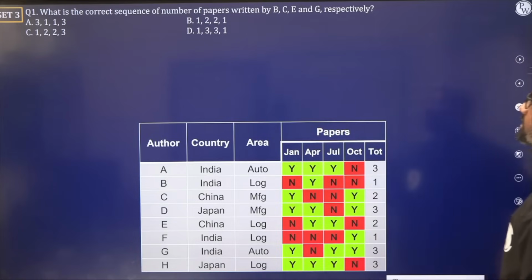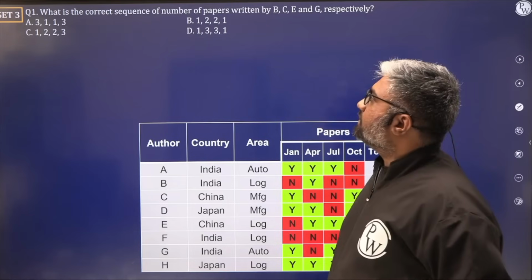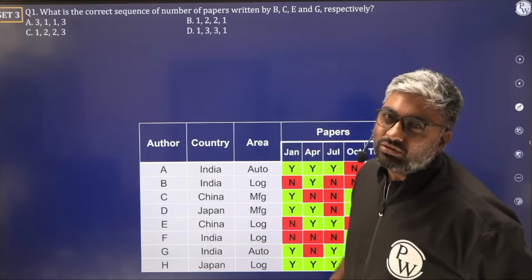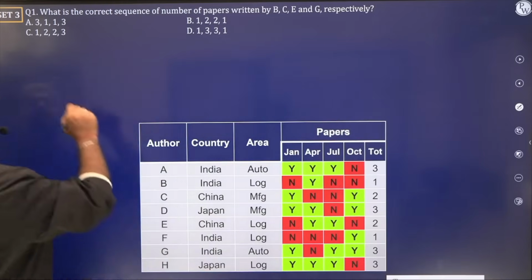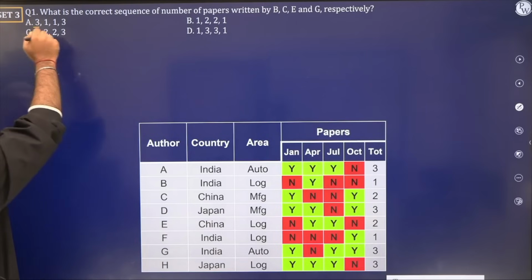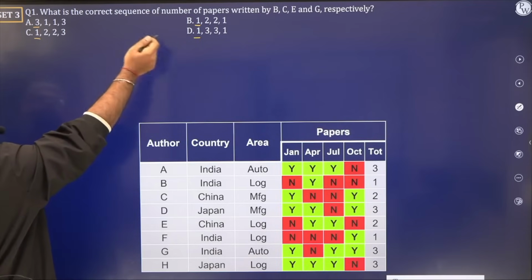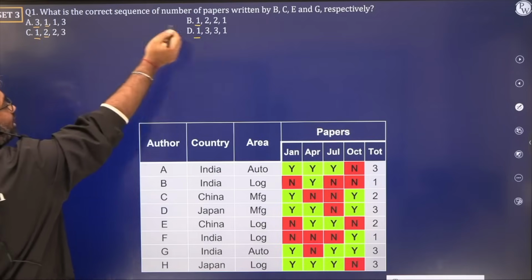What is the correct sequence of number of papers written by B, C, E, and G? If you notice here, none of the 4 options give us any one definite value. Otherwise we could have kept that and extracted some brownie from it. For B, somewhere in one option it is 3, in the other it is 1. It's either 1 or 3. Again, with C, it's either 1 or 2 or 3.